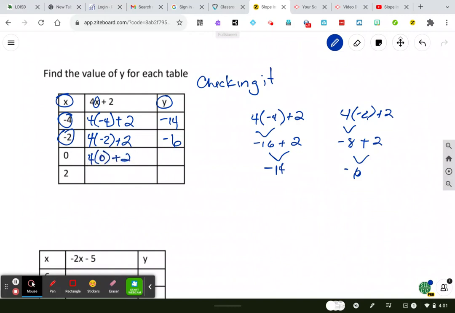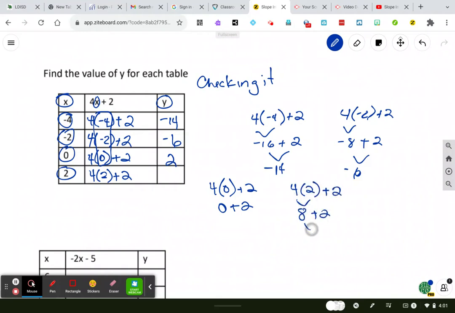But either way, you're still plugging in all your x values, and you're just constantly doing it. 4 times 0 plus 2, that's 0 plus 2, so you get 2 as your answer there. And then 4 times 2 plus 2 is 10.